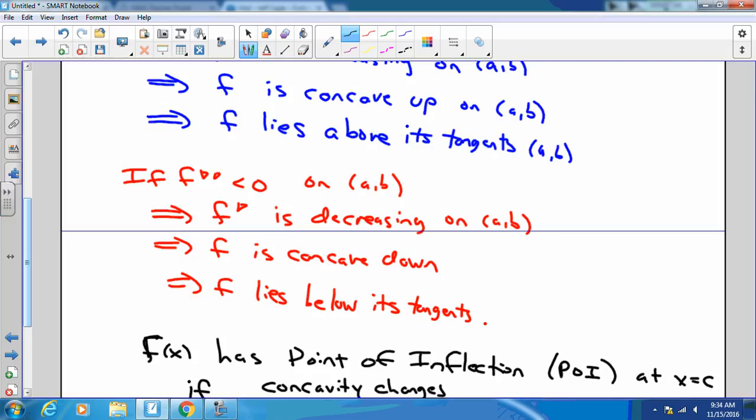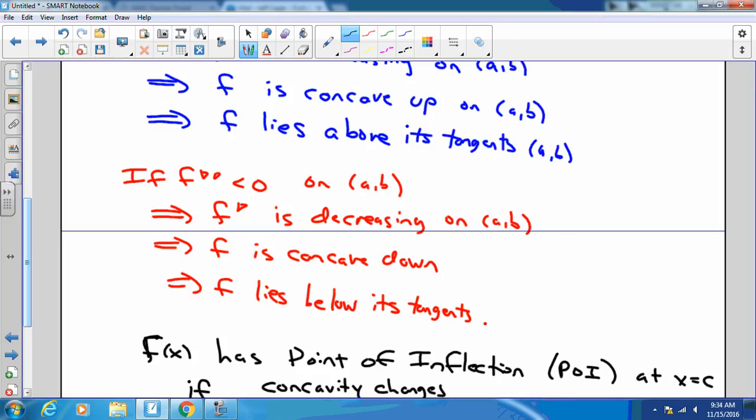But definitely it is the case that if f double prime has isolated zeros and the sign does not change, then f is concave down on the entire interval. But I'm not sure what happens in the weird case where f double prime has non-isolated zeros, where the zeros of f double prime are dense.